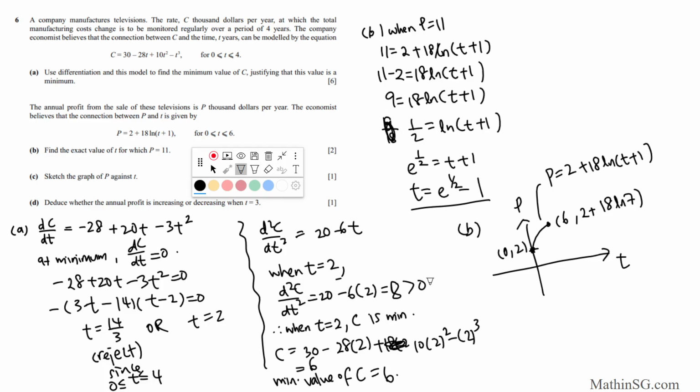Next, determine whether the annual profit is increasing or decreasing when t equals 3. So from the curve, here's 3, right? We know that the gradient is positive, so you can just say from the graph, p is increasing.